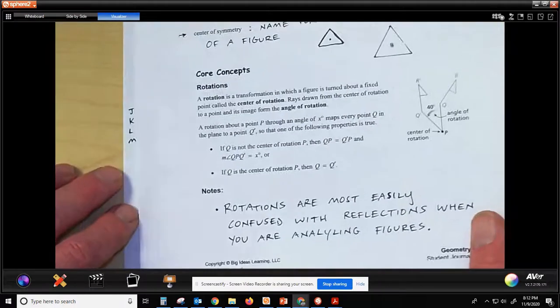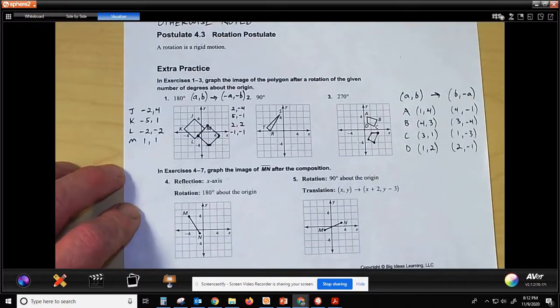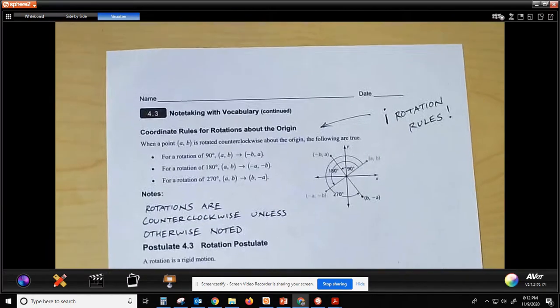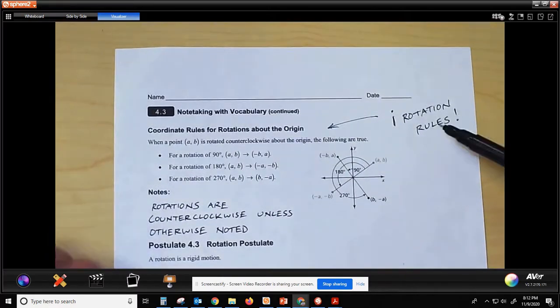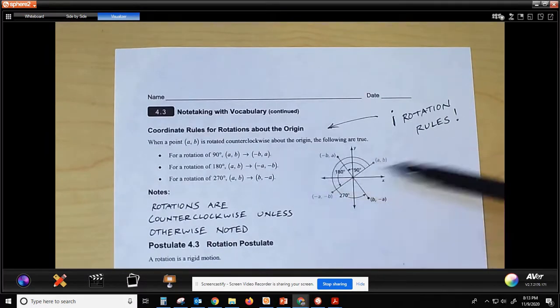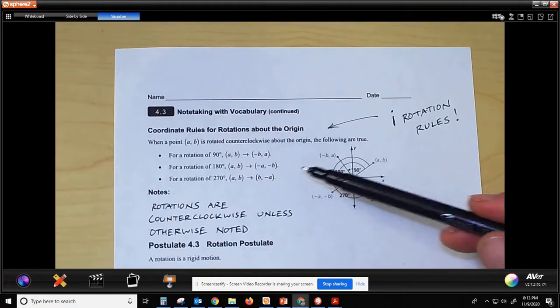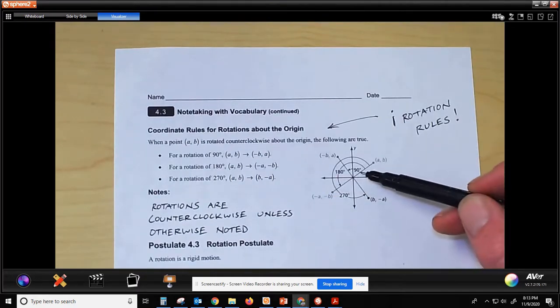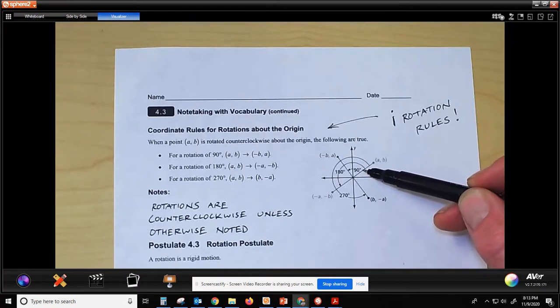So I'm going to switch to the second page in the notes. And these are the rotation rules. We're not asking you all to memorize these the same way you would have maybe in 8th grade. But now we're getting into the technical side of a rotation. And here is an image that we demonstrated before with a practical example.